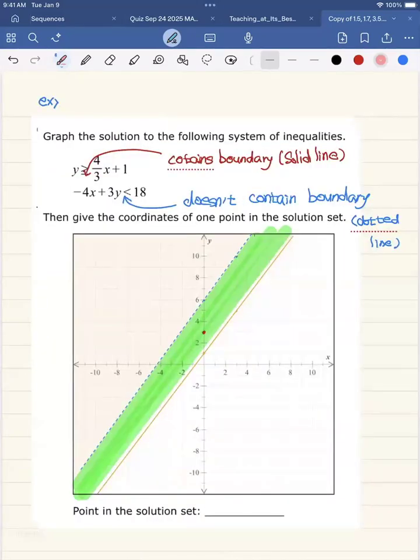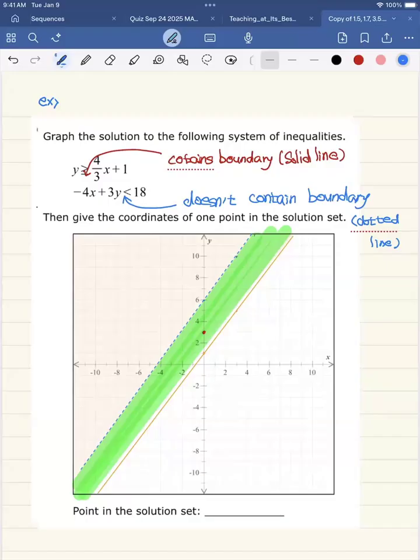In the next problem, we have to graph the solution to the following system of inequalities. The first one is y is greater than or equal to 4/3 x plus 1. The second inequality is negative 4x plus 3y is less than 18.